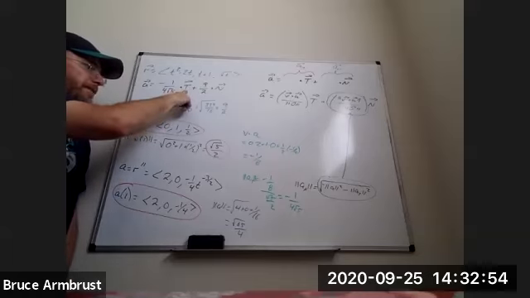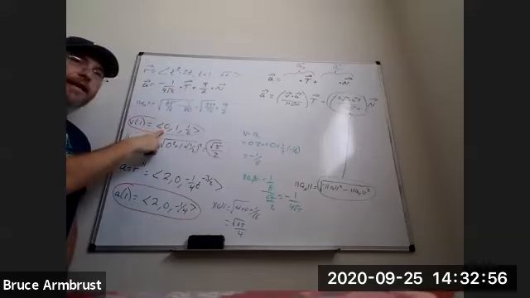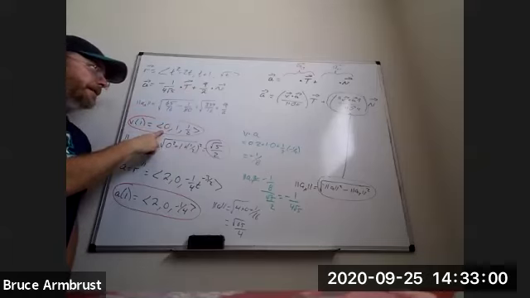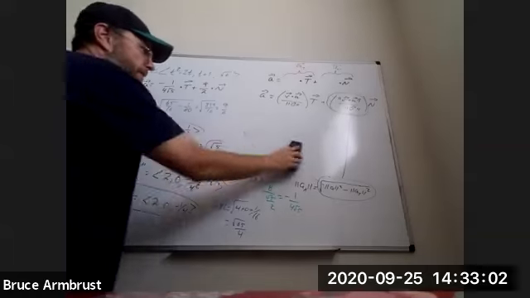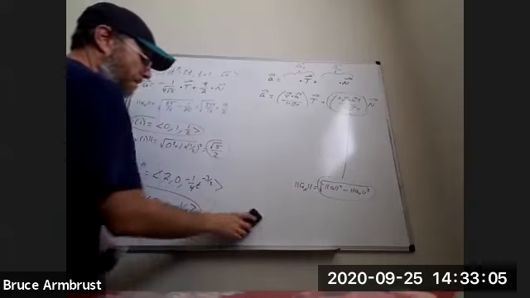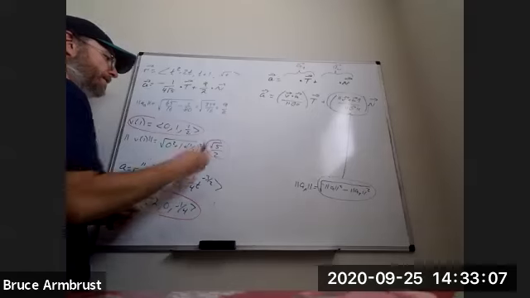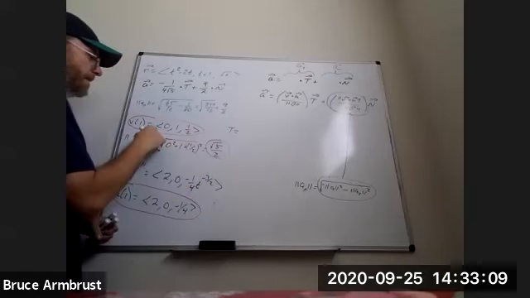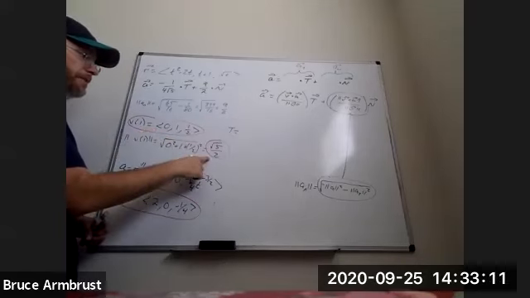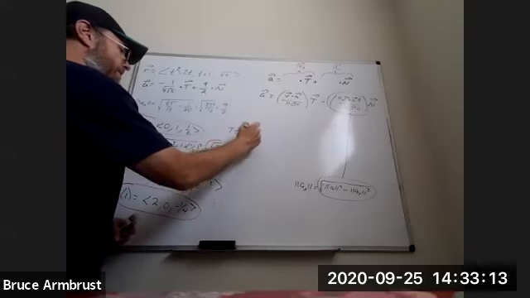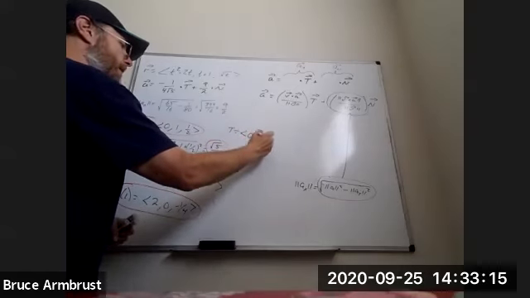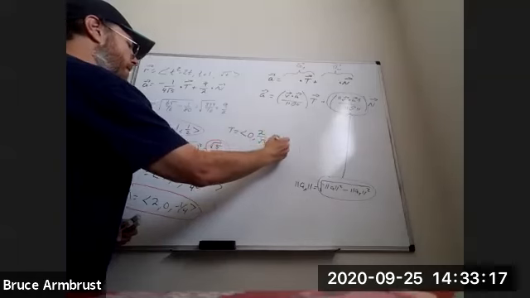I can find T really easily. Since I've got the velocity vector, I just have to divide by its magnitude, and that'll get me my T. So big T is going to be this velocity divided by its magnitude, which is 0, 2 over root 5, 1 over root 5.